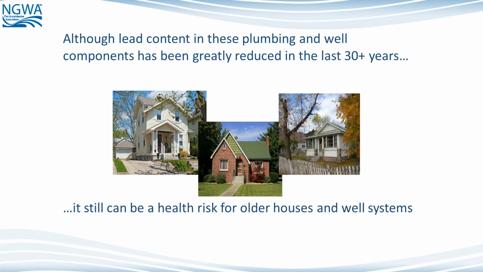However, one of the big issues that was exacerbated by the Flint, Michigan issue 6 months or a year ago is the fact that many of the pipes used to deliver water from the main in the street to the home, or from the well to the home, used to be made out of solid lead. And they're buried, you can't see them, so they present a real potential hazard.